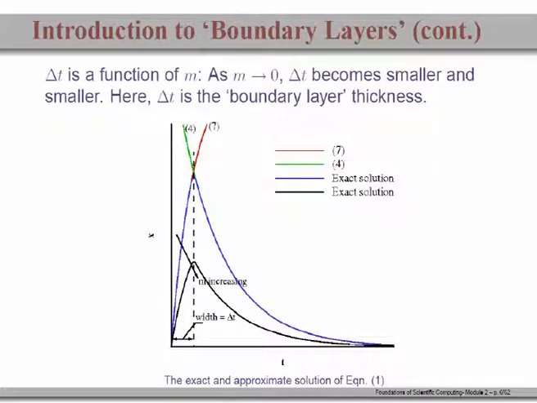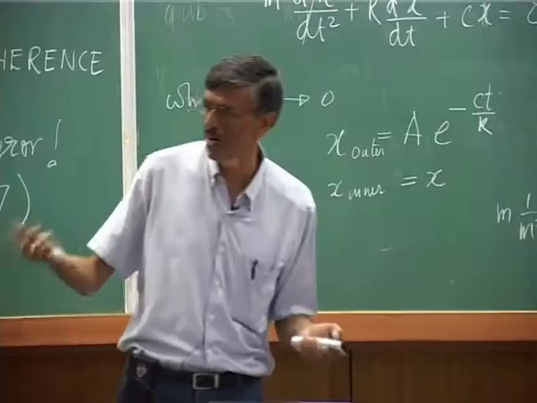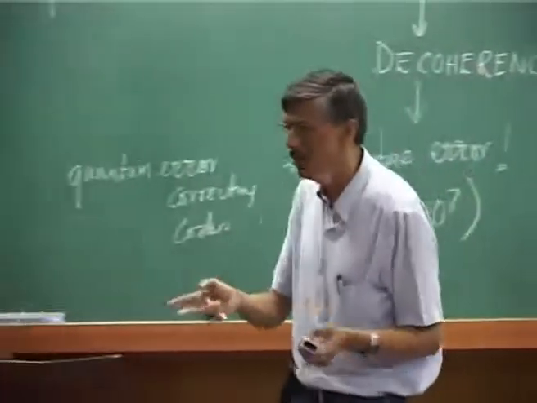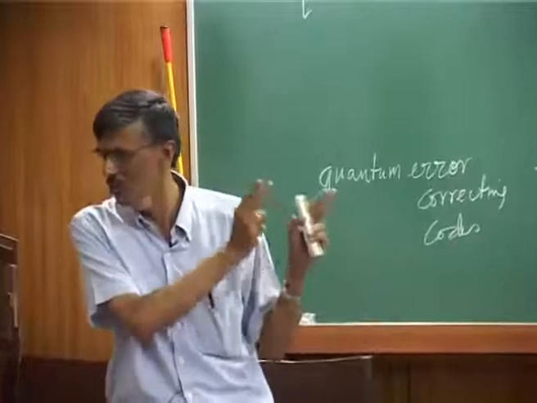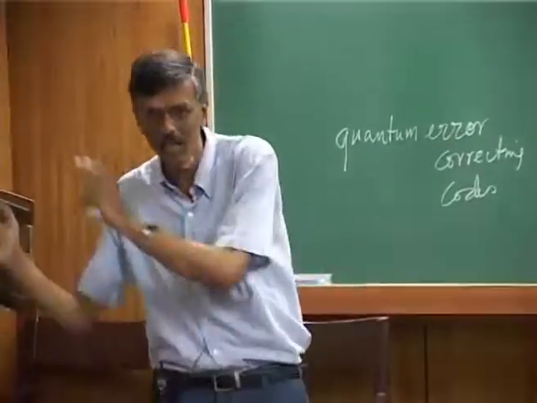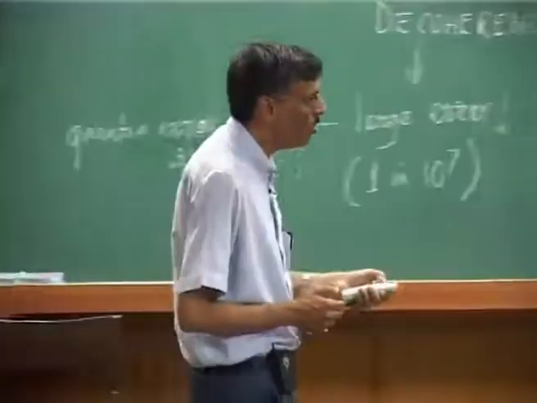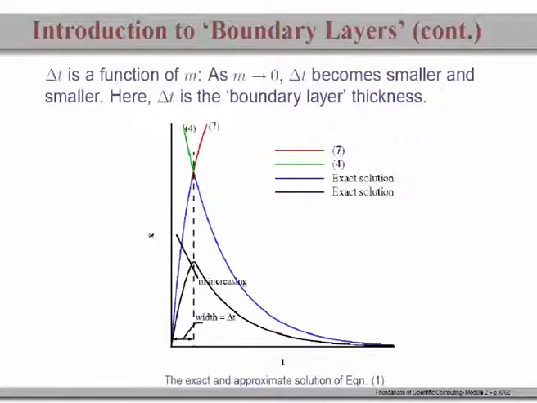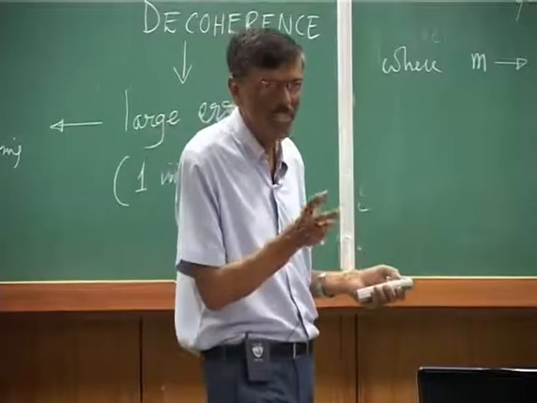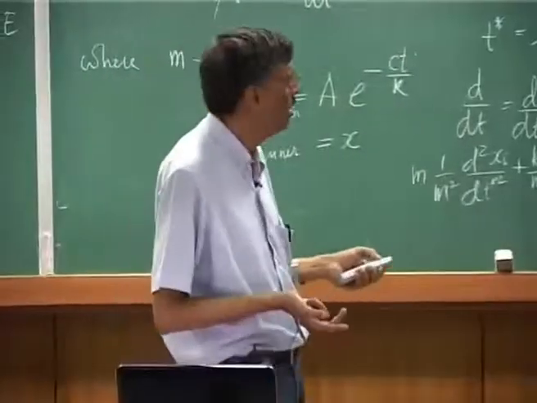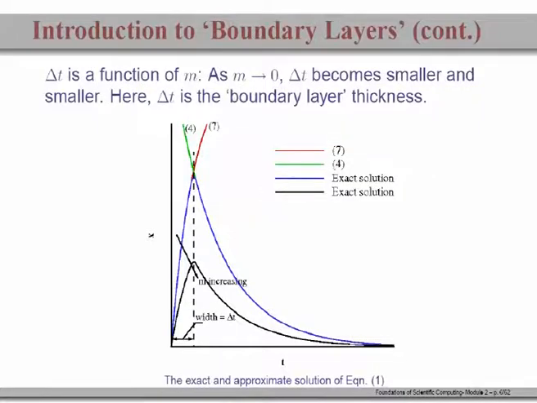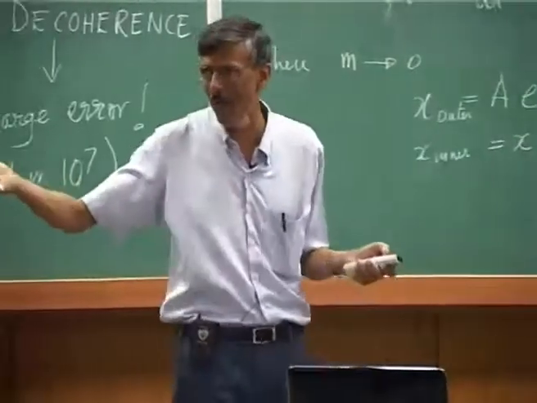So, if I for a moment replace this t by some spatial coordinate like space, then we are having two regions, one very close to t equal to 0 or x equal to 0, and one which is a little away. That is why, as it is close to the boundary, close to t equal to 0, we are calling it an inner solution, right. The same way the 4 gives you what is valid in the outer part.